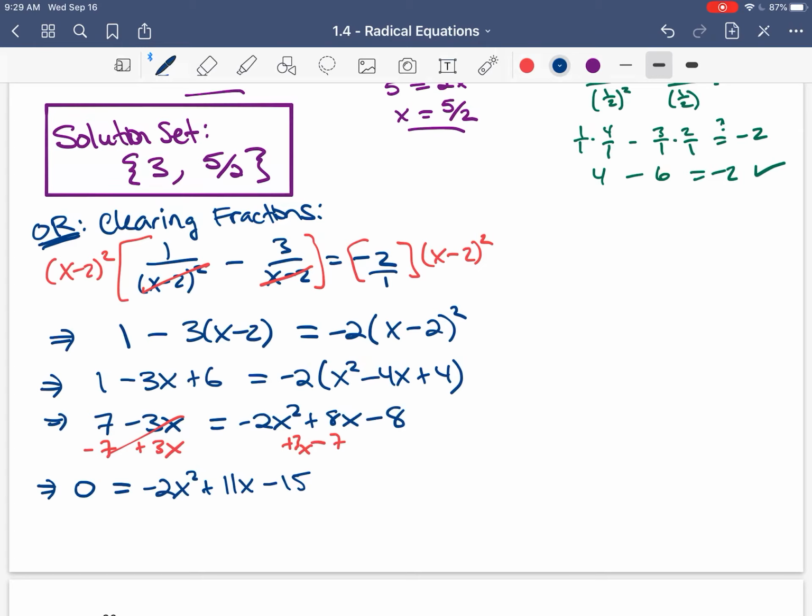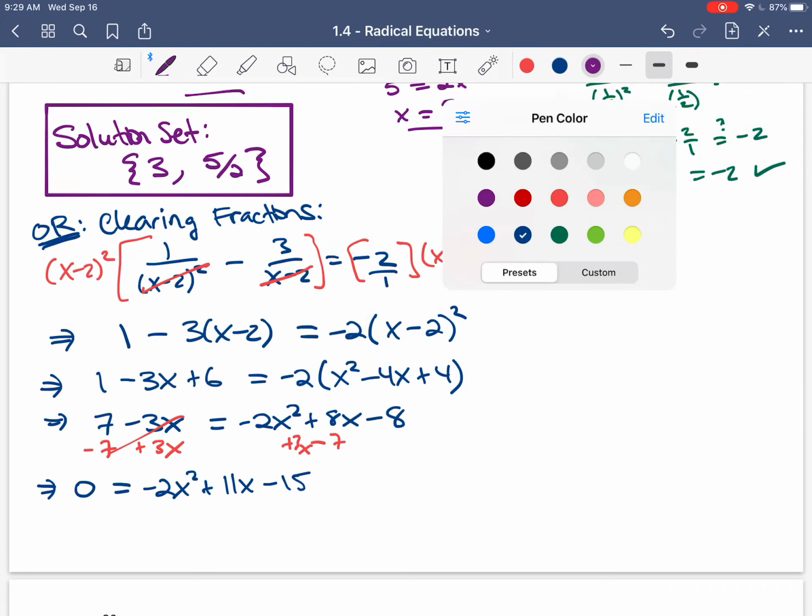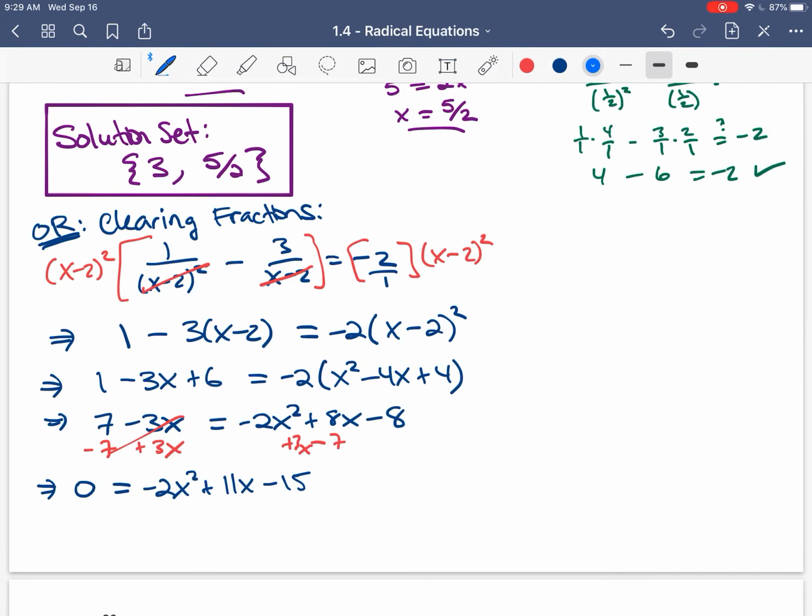So that means I want two numbers that multiply, actually let's do it down below here. So I want to multiply to negative 2 times negative 15, so multiply to 30 and add to 11.